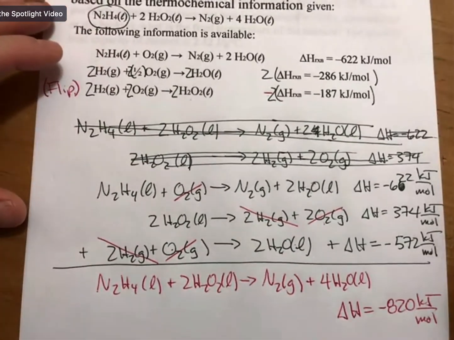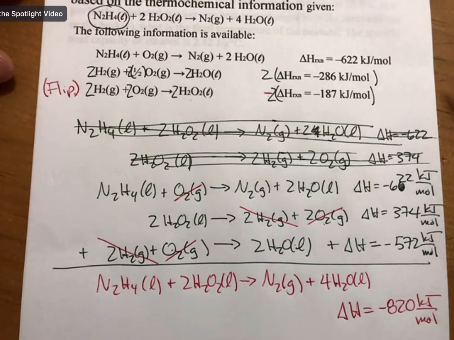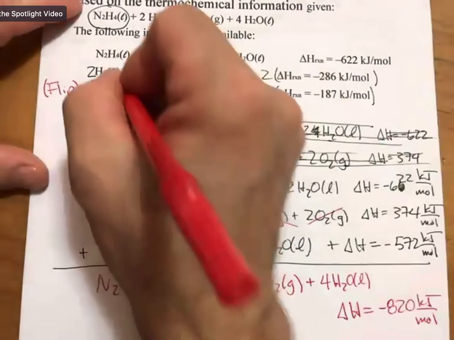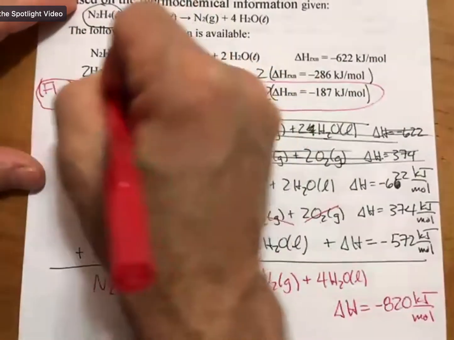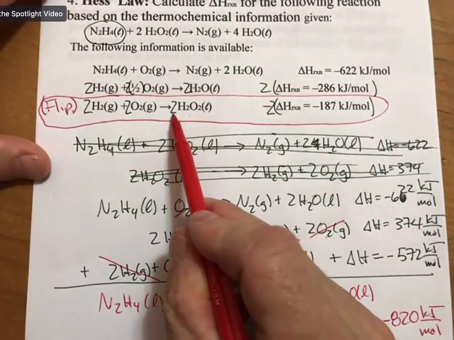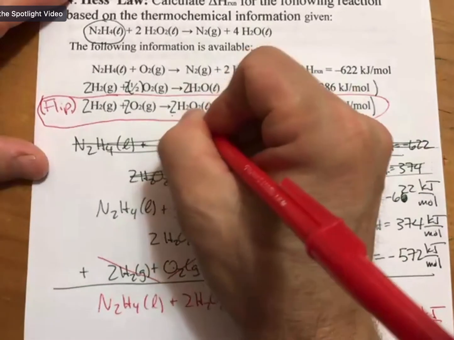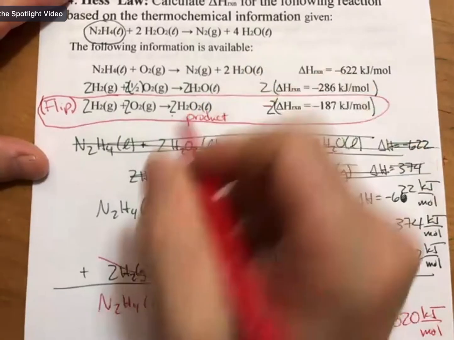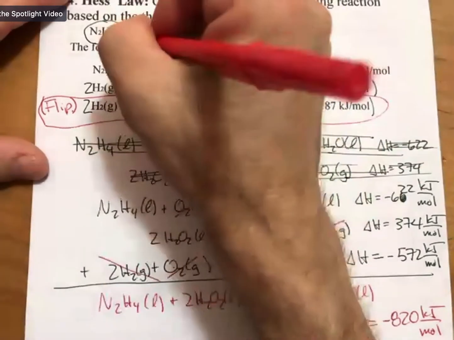And Antonio, to answer your question, why did I flip the equation for this one? The reason I flipped it was that in this reaction, there are 2 H2O2s on the product side, and my 2 H2O2s are on the reactant side here.